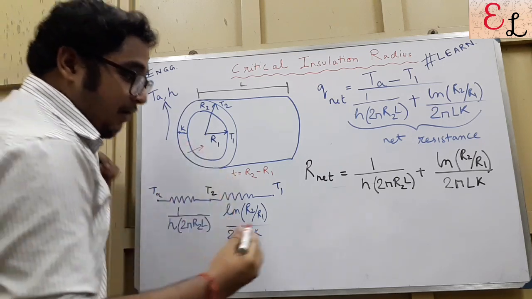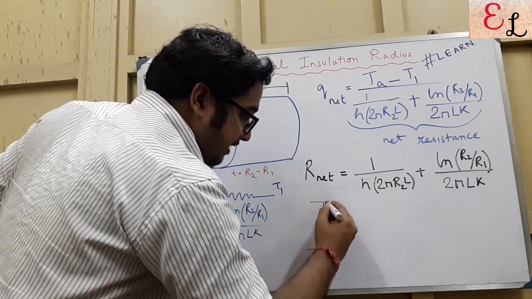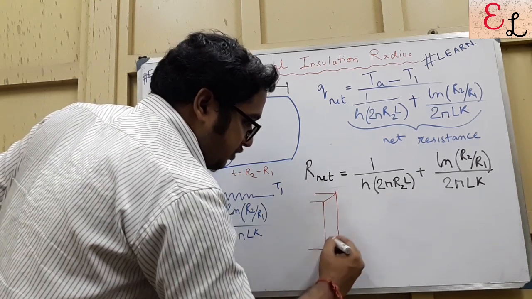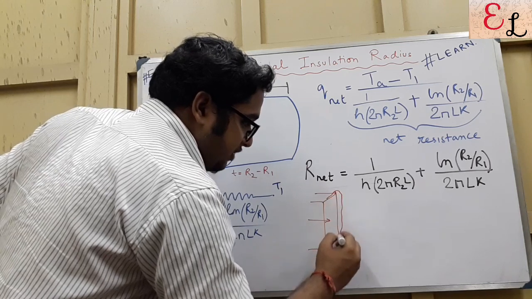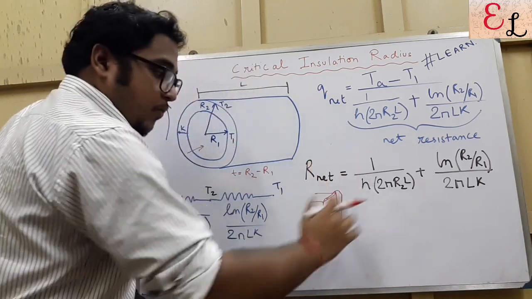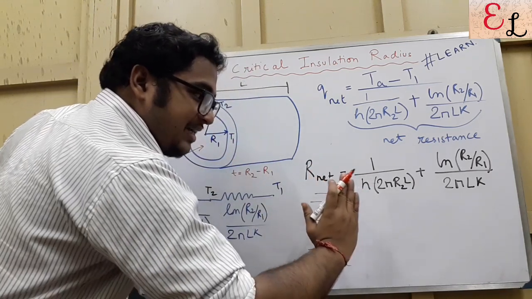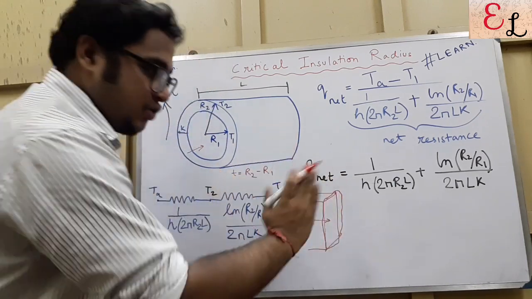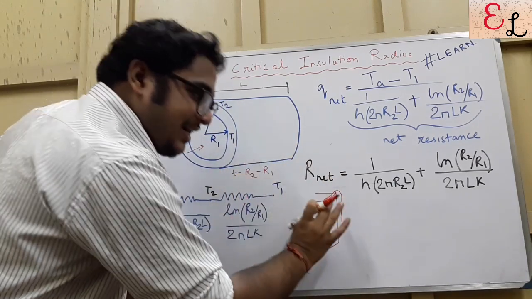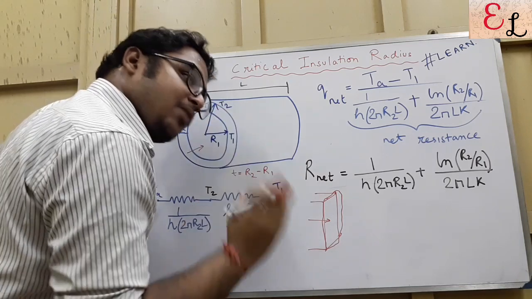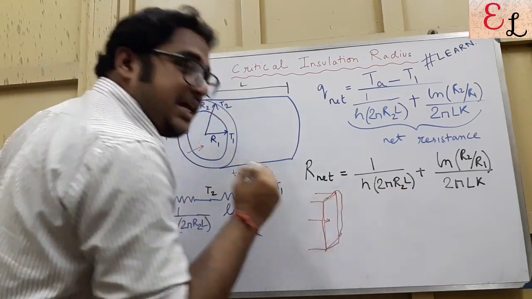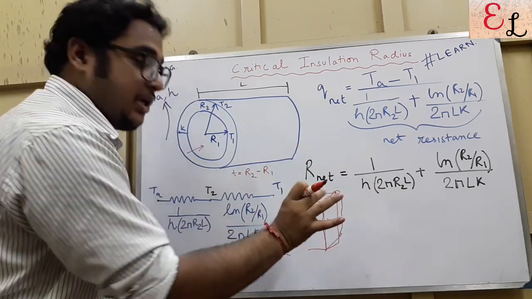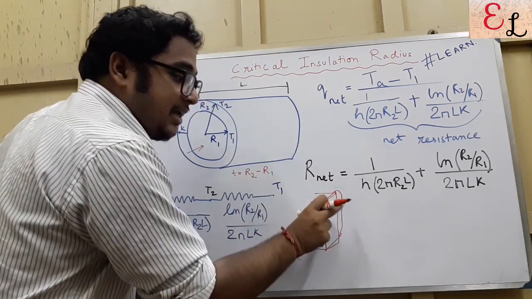If it would have been a flat plate supposedly, and this would have been a cube supposedly losing some amount of heat from inside to outside, and you would have added an insulation over this cubical surface, and you would have increased the thickness of the insulation, then there would have been lesser heat loss to the ambience, because the surface area of heat loss is not changing with the increase in the insulation thickness.